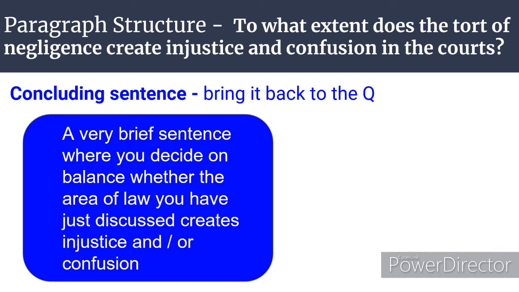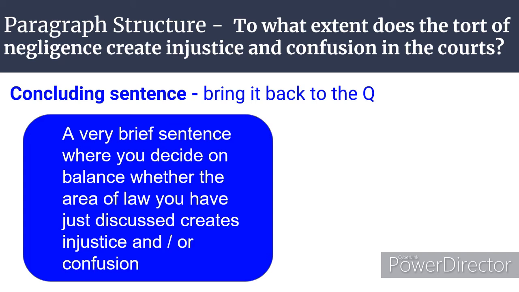And secondly, it will help you when you do your final conclusion, because by the time you've written this essay in your 30 minutes, you may well have been thinking, oh, I'm not sure what the balance of the argument is. Whereas what you're doing here is thinking about that the whole way through. So at the end of each paragraph, you're saying where you feel the balance is.